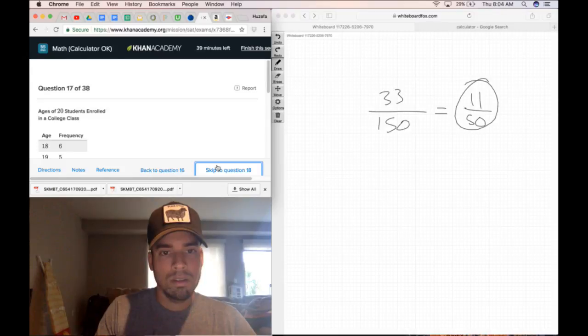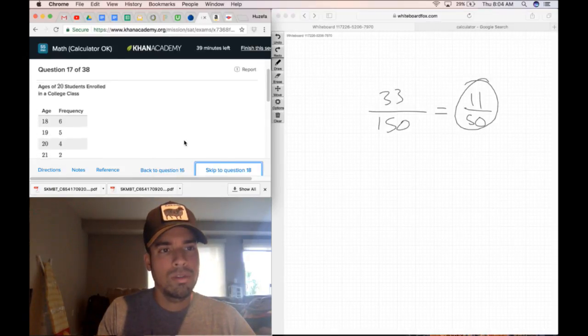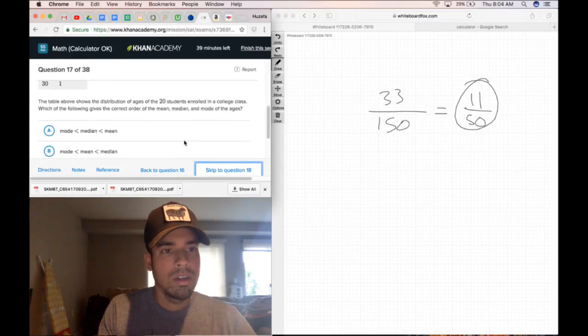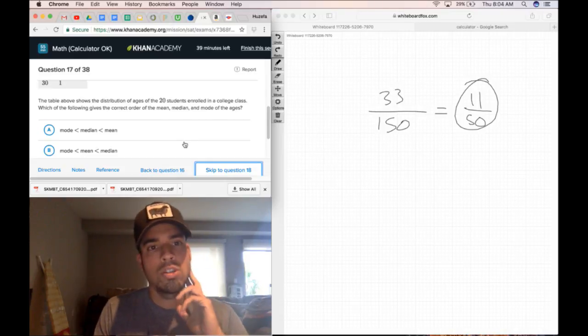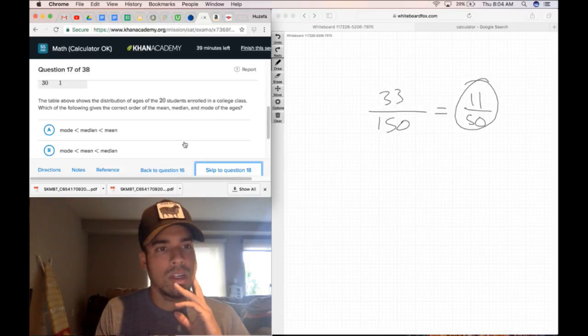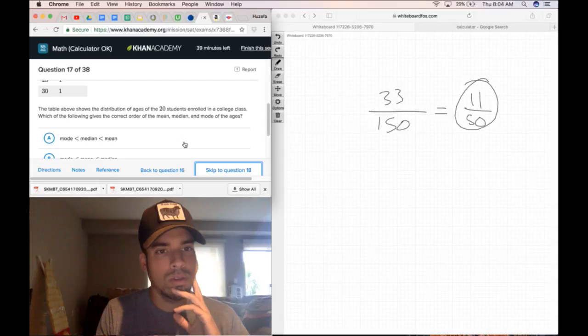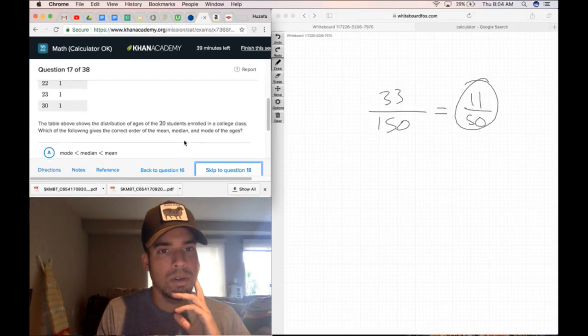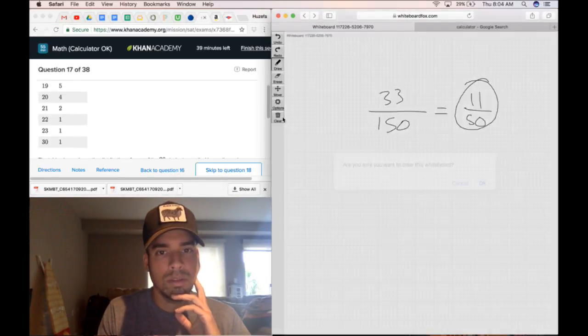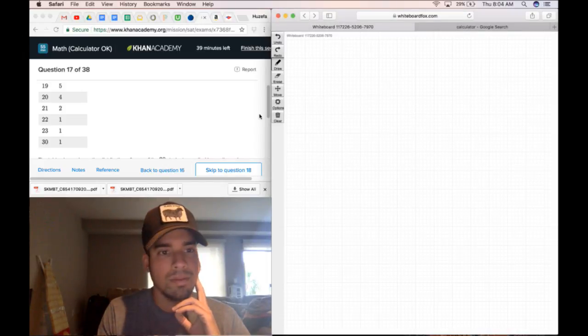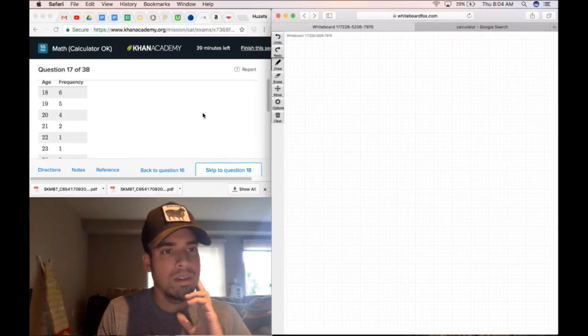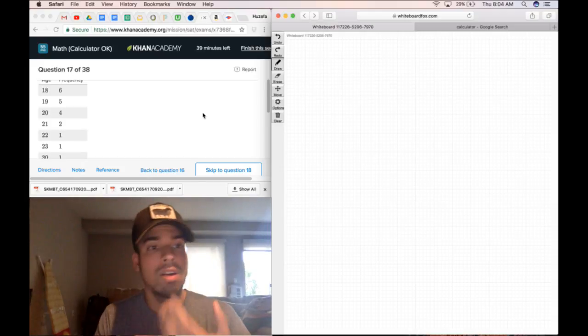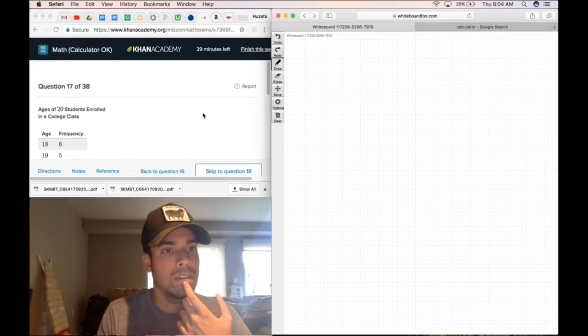And that's it. Sweet. Ages of 20 students enrolled in a college class. The table shows the distribution of ages of the 20 students enrolled in a college class. Which of the following gives the correct order of the mean, median, and mode? So we want mean, median, and mode. So let's figure out what those are. Alright, I don't think you actually have to calculate this, but look, how many is it? 20.